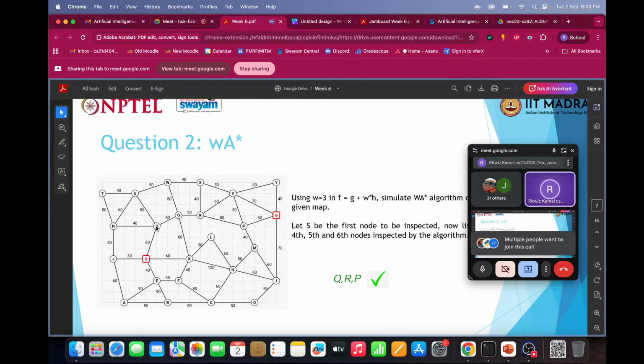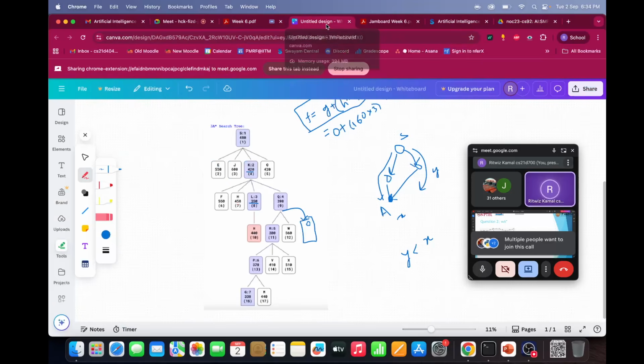Plus the heuristic value of O, which is 1, 2, 3, 4, 5, 6, 7, 8, 9, 12. So 120 into 3.